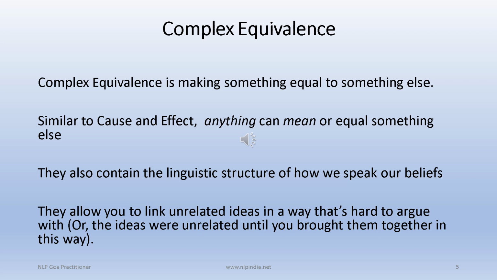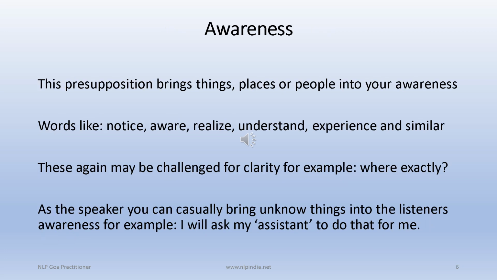They allow you to link unrelated ideas in a way that's hard to argue with, or the ideas were unrelated until you brought them together in this way. Some common complex equivalents are: you looking at me like that means you like me, or you don't like me. So this is complex equivalence.